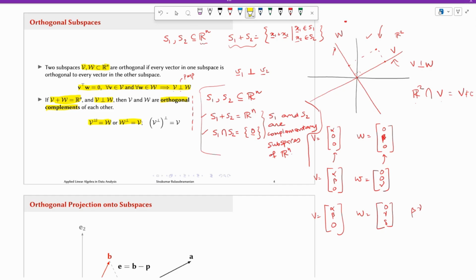In a way, we are saying, if you flip the V subspace so that you make it perpendicular to V, then what you get is W. And of course, this is trivial. The orthogonal complement of the orthogonal complement is the original vector space itself.